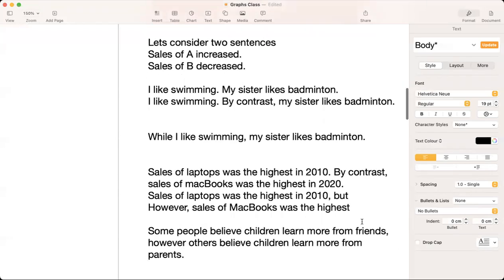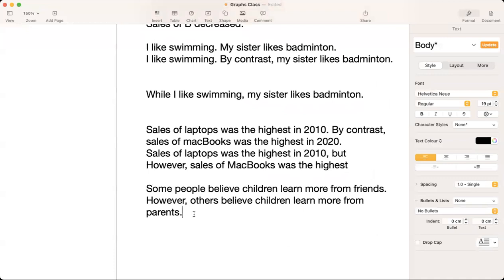Is it correct or wrong? Wrong. However, but will come. Yes, after friends, but will come. And if I want to use however, then what will I do? New sentence. Full stop and then start from the new sentence. However. Is it clear for everyone? Yes, sir. Good, perfect.